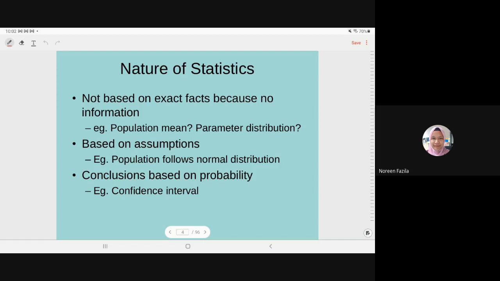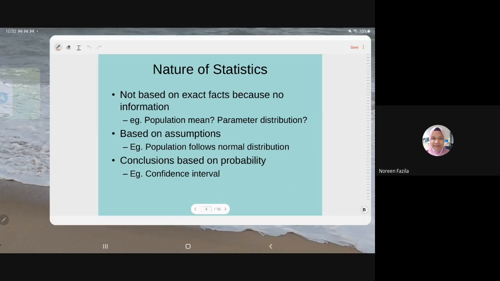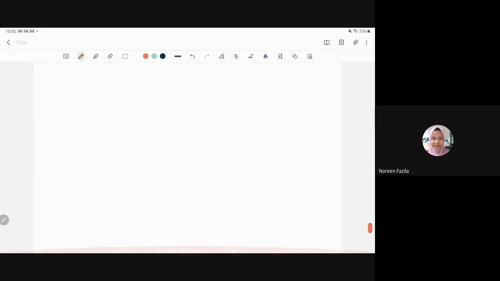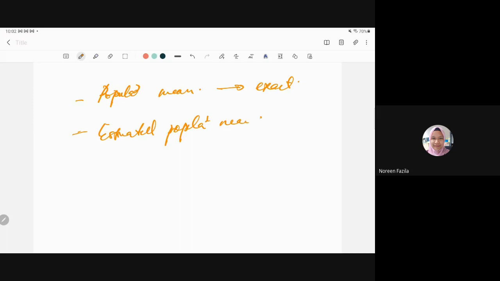So the first is the population mean, which is exact, and the second is the estimated population mean, which is based on estimation.